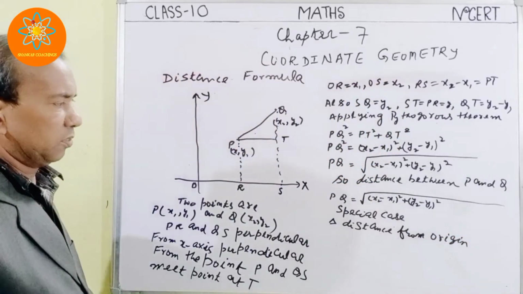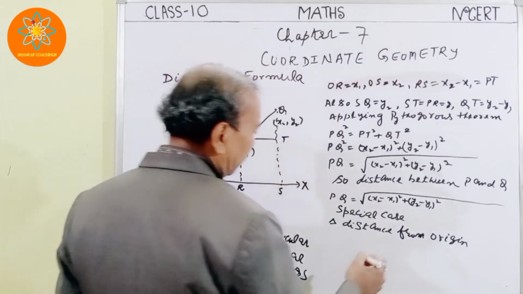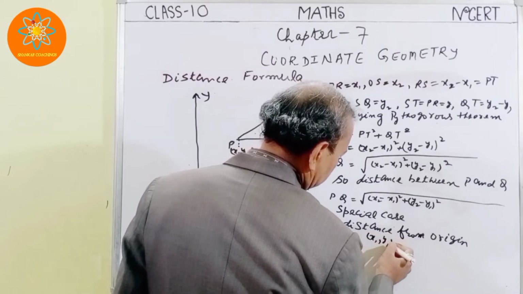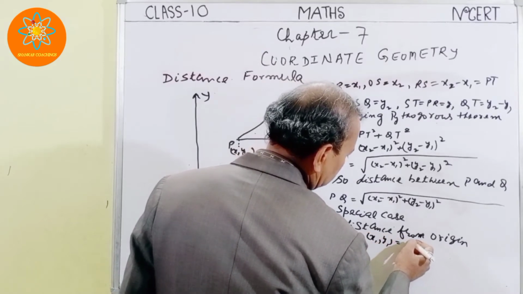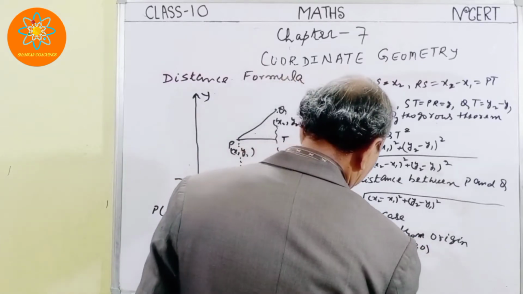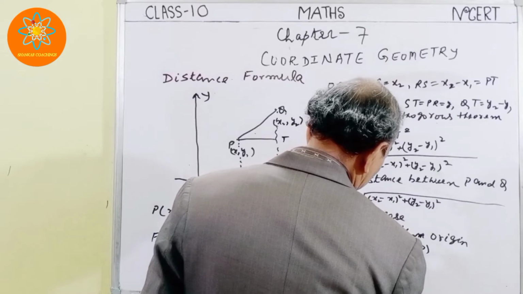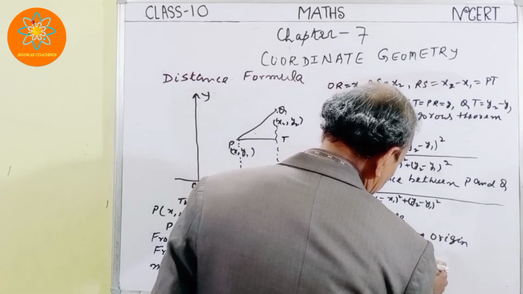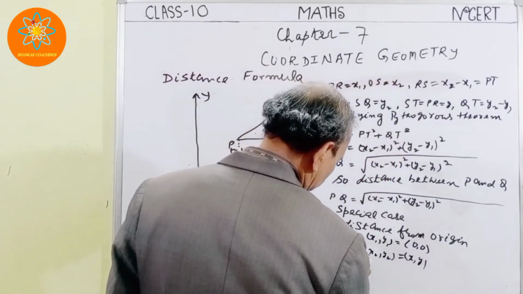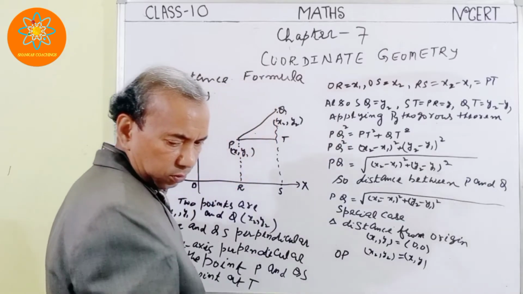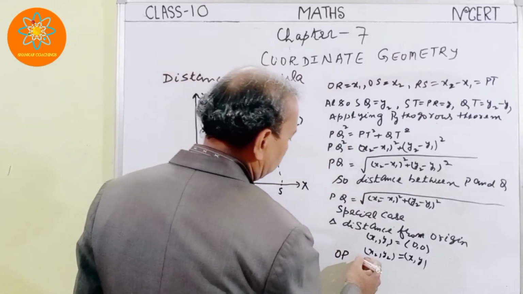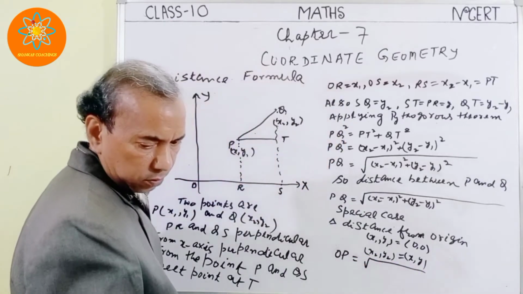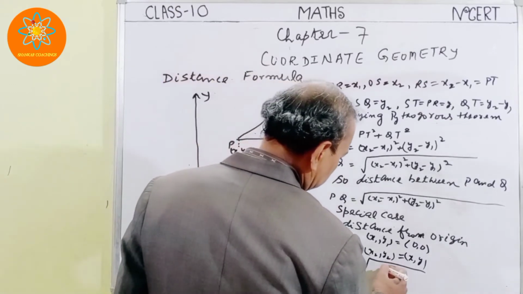For the case of distance from origin, I can write it this way: x1, y1 is equal to 0, 0, and let's suppose x2, y2 is equal to x, y. Suppose I call it OP. So this OP is equal to under root of x square plus y square.